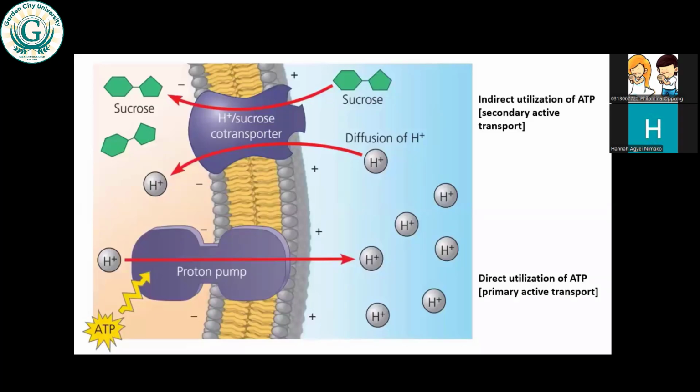Inside the parietal cell, carbon dioxide combines with water to form carbonic acid, which then breaks down into hydrogen ions and bicarbonate ions. But only the hydrogen ions move, because they move outside of the cells to create the acidic environment inside the stomach lining.